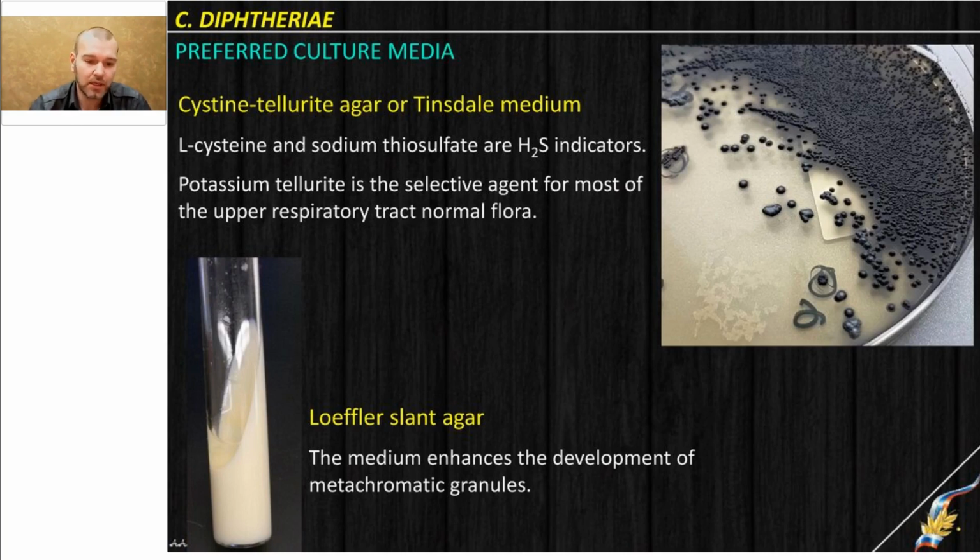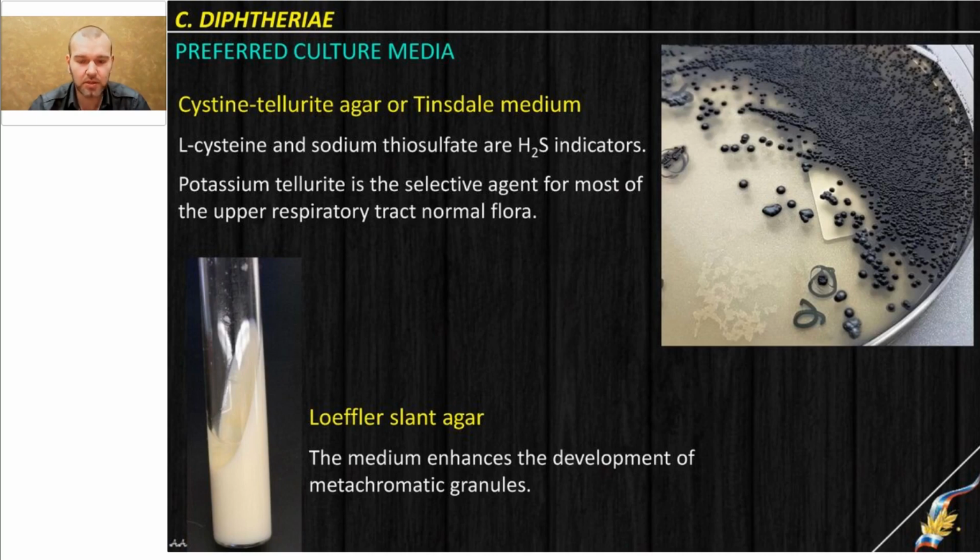For enrichment of your sample, we have Loeffler agar, which is also possible in plate modification, but usually we use slant agar to enrich and to enhance the growth of bacteria to obtain a bigger number of bacteria.